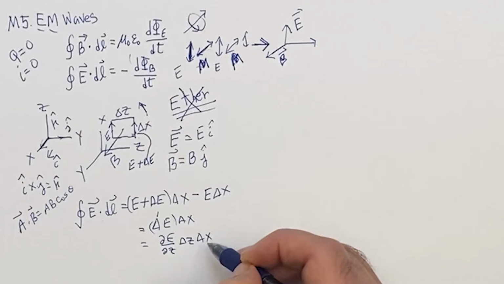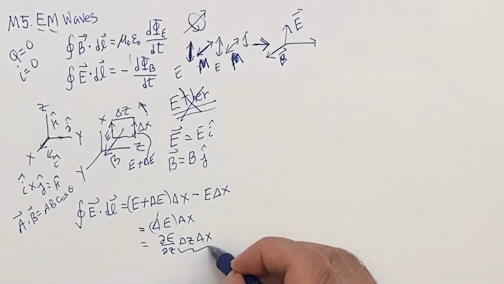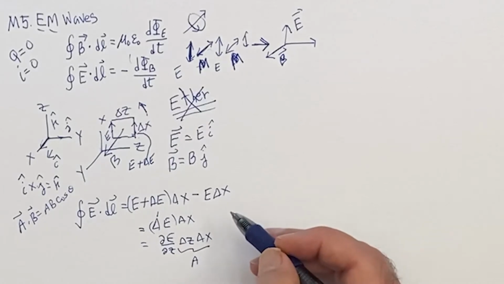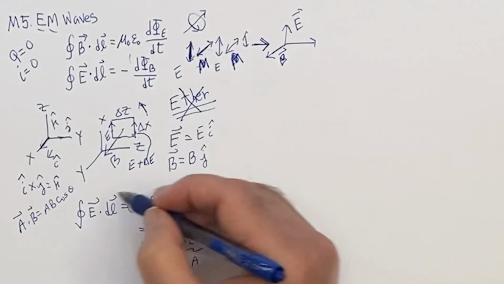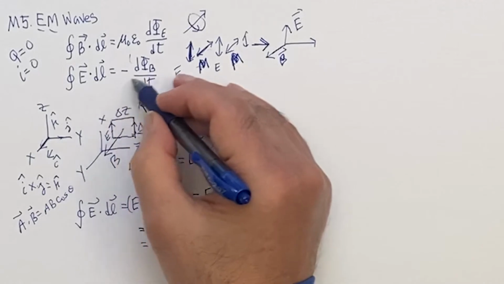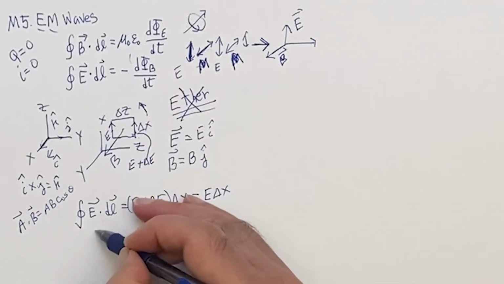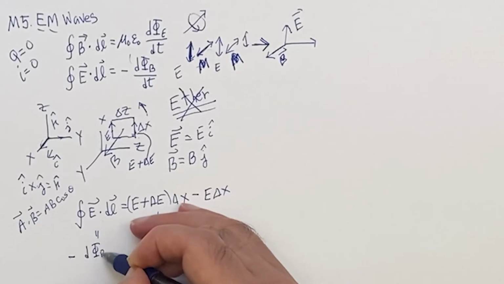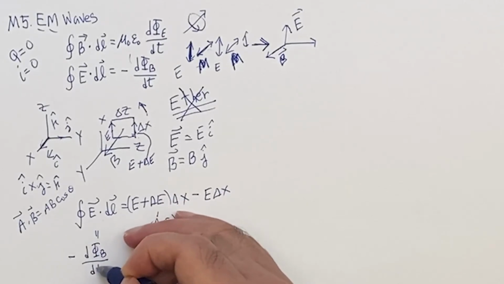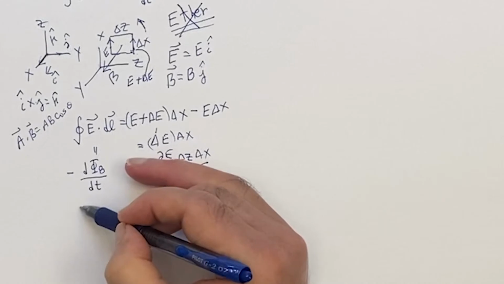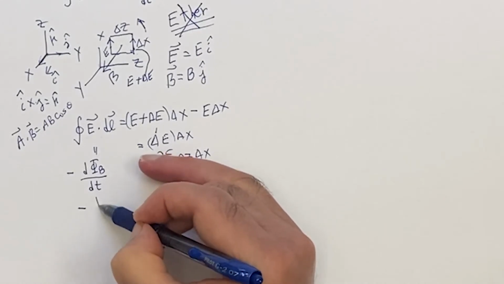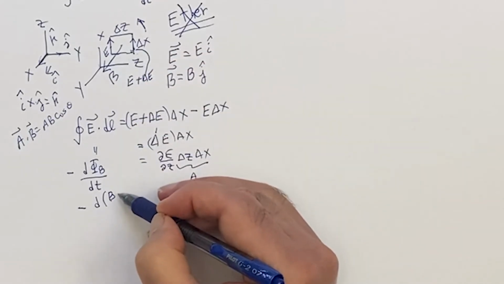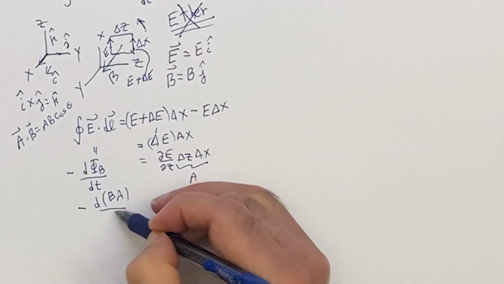But now this is interesting because this is the area of that little patch there. And according to Faraday's law, this has to also equal minus the change in the magnetic flux. The magnetic flux change is going to be the magnetic field, which points in the y direction, times the area.